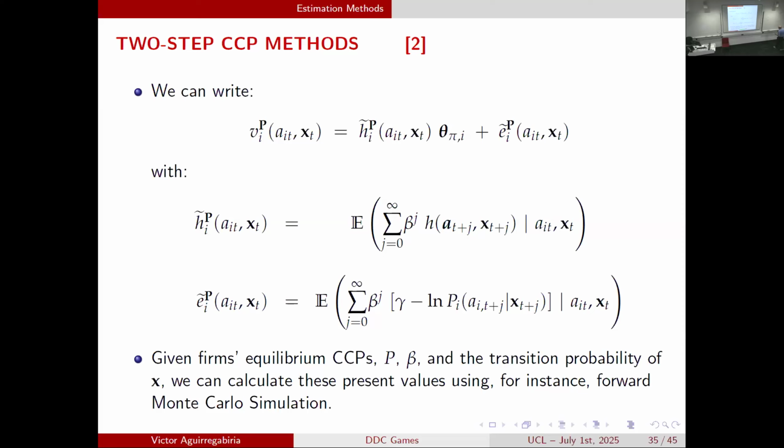Let me say that if you use matrix algebra, the computation of this object, H tilde, will involve inverting a matrix for player I, a matrix of this nature, where this is the transition probability of the state variables for all the players, implied by the choice probabilities.